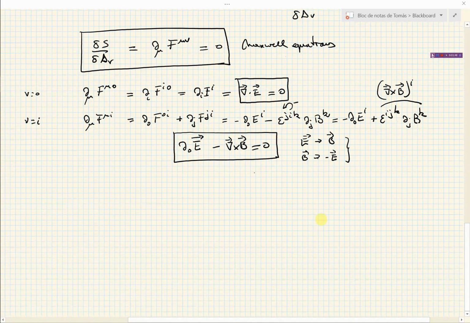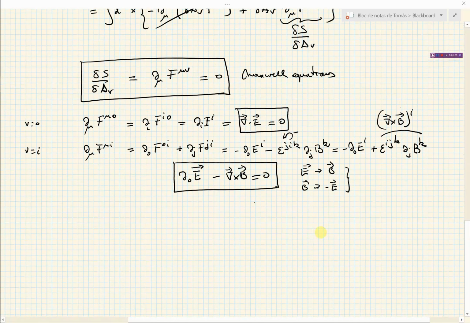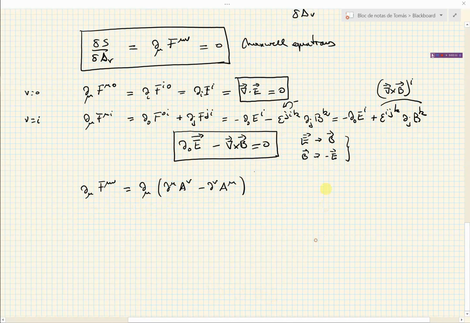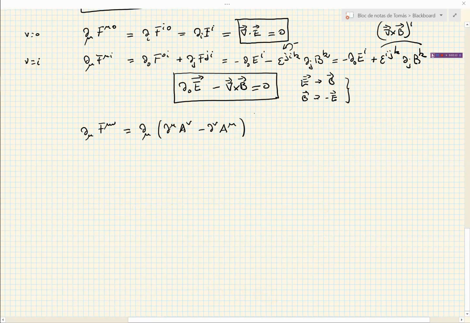So now that we know that these Maxwell equations are the two missing Maxwell equations in terms of E and B, let's see what they look like in terms of the electromagnetic potential. So I have to write F mu nu now as partial mu A nu minus partial nu A mu. This is because clearly the metric can get inside of the partial derivative and raise the index inside of the partial derivative.